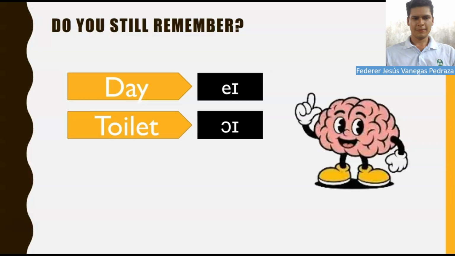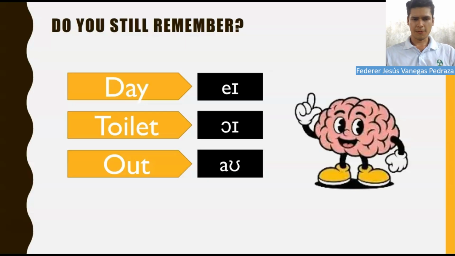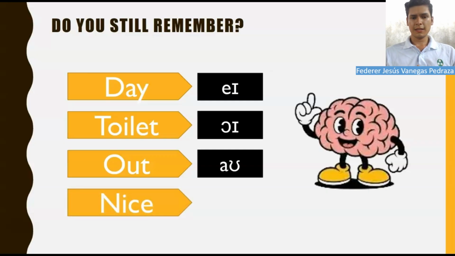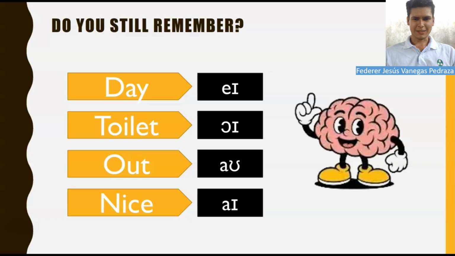Next, the word out, which has the diphthong ow. Finally, if you say the word nice, you will say the diphthong I. Now you are ready to practice.